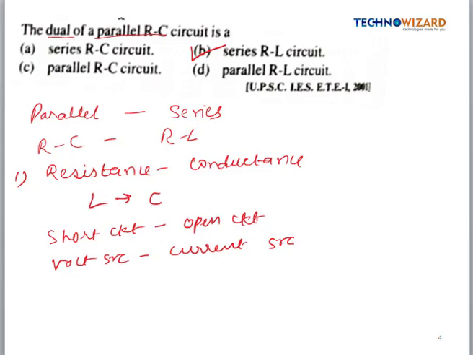And other forms are like series branch will be represented by shunt branch. So for this question option B is correct.